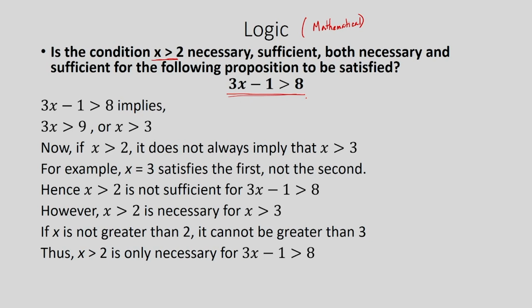Again to repeat, x is an unknown here, so x can take any value, right. So, it is possible that for multiple values of x, this given proposition is valid, right. But if we are given this particular condition, then is it necessary or sufficient or both necessary and sufficient for this proposition to be valid.